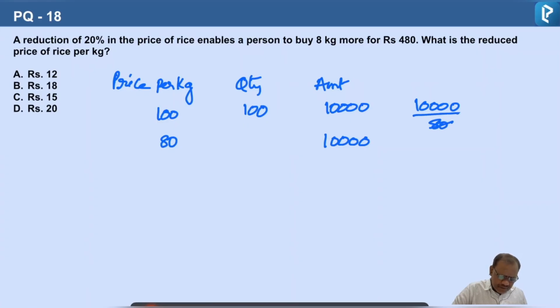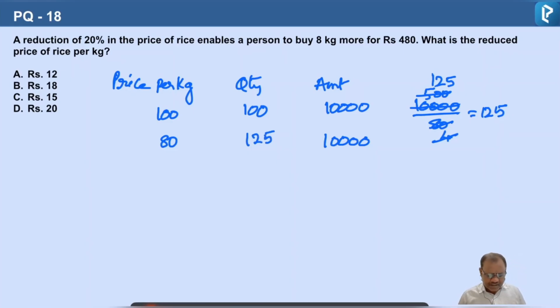So 24s, 25s, carry 2 zeros. 500 by 4, that is 4 125s. So 125 is the new quantity.